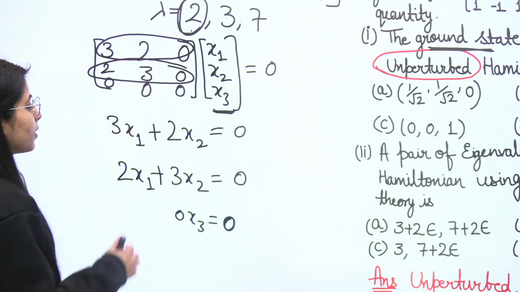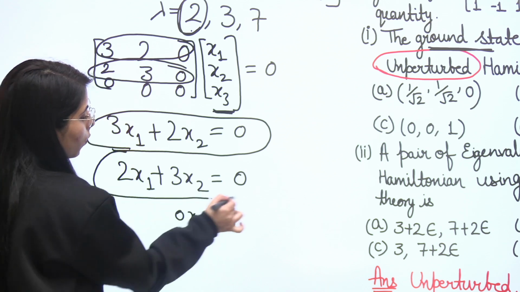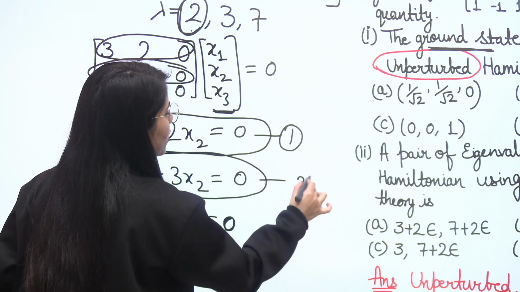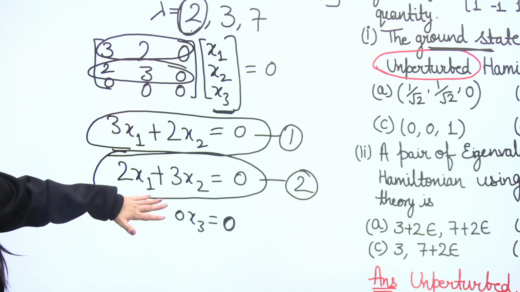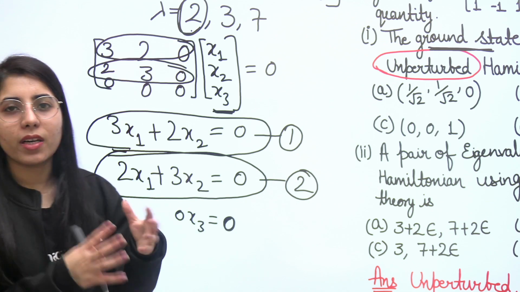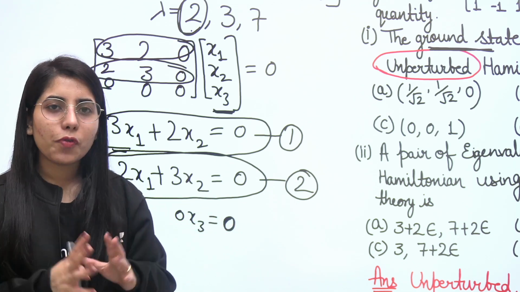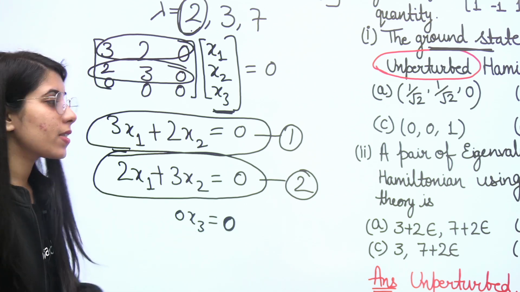Now, if you look at equation 1 and equation 2, you simplify them with any of the methods. That means find the value of x1 from one of the equations and put it in the second equation to find x2.